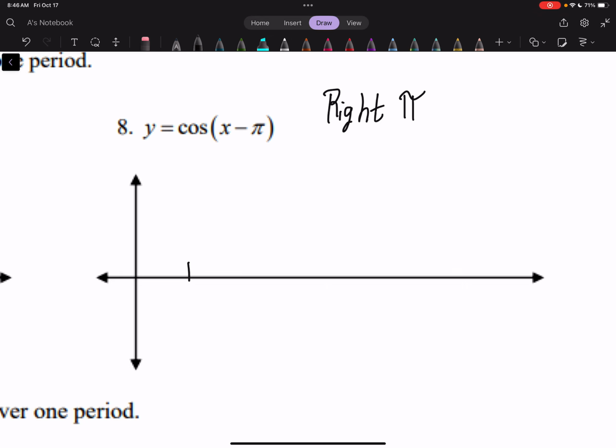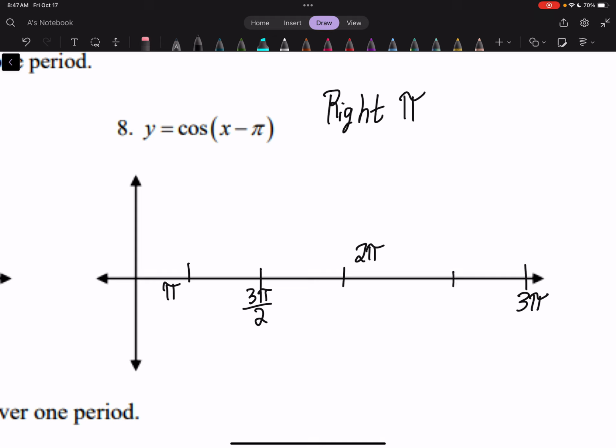So I'm going to be starting at pi. My end would normally be 2 pi, but since I moved it to the right one, this is 3 pi. I have 2 pi in the middle. I have 3 pi over 2.